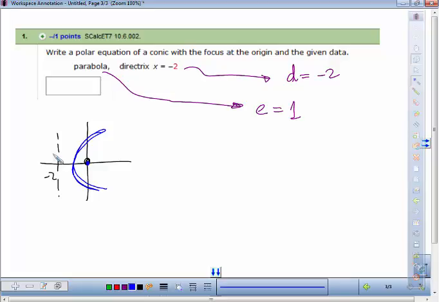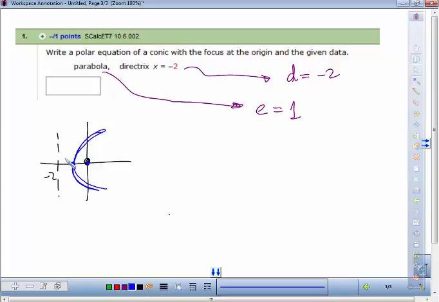Only for the parabola. How would you shift the polar coordinates? If you had a curve set at the origin and you wanted to shift that entire curve somewhere, how would you go about doing that?